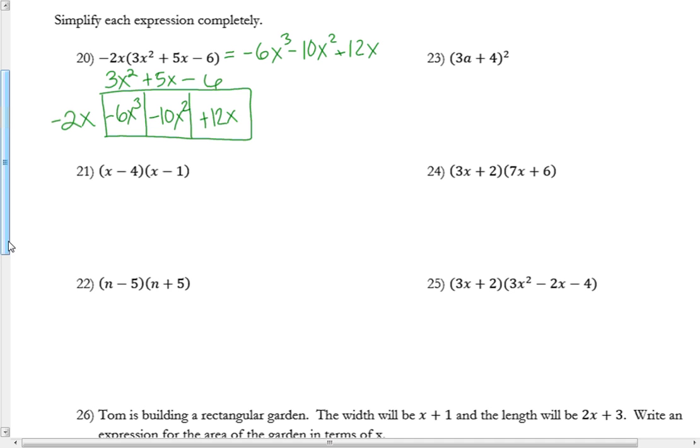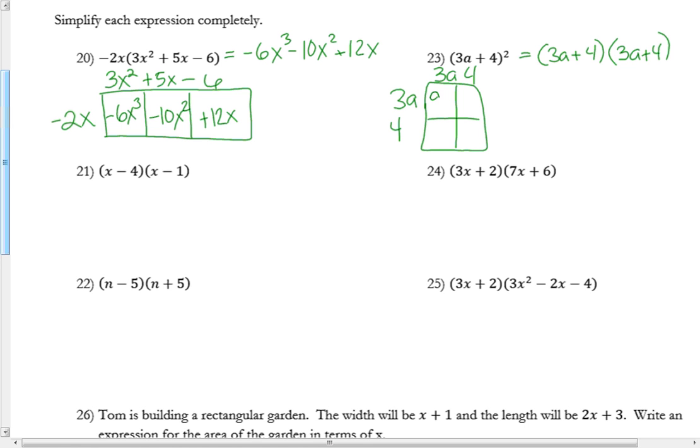Jumping across to 23, when I have something that's being squared, I have a binomial squared that's 3a plus 4 times 3a plus 4. So when I do my area, 3a and 4, 3a and 4, I end up with 9a squared in my first box, 3a times 3a. 12a here, 3a times 4.